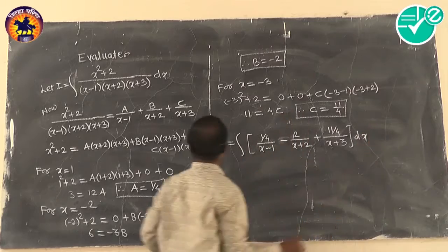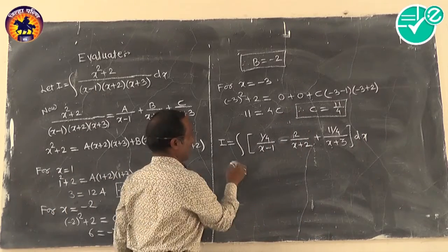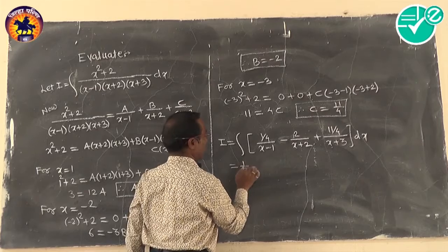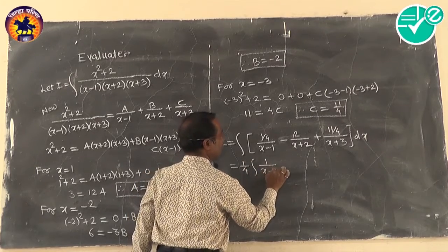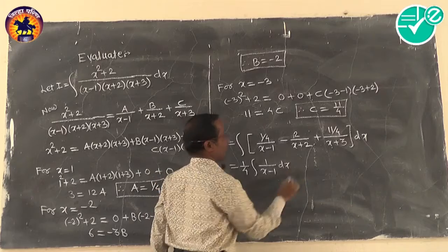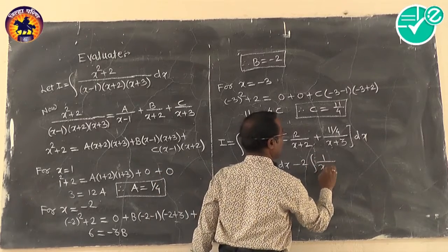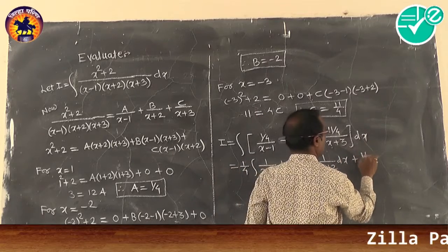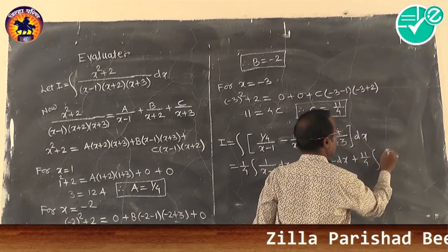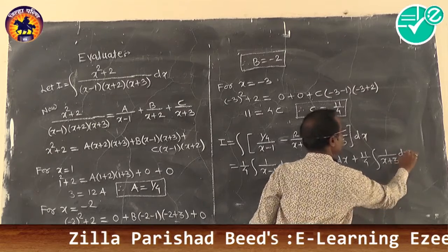So the rational function can be written in this form. Write down the separate integrals: 1 by 4 into integral of 1 upon x minus 1 dx, minus 2, the constant taken outside, integral of 1 upon x plus 2 dx, plus 11 by 4 into integral of 1 upon x plus 3 dx.